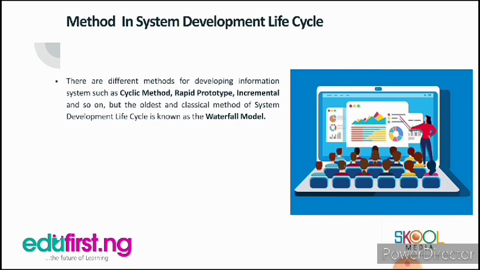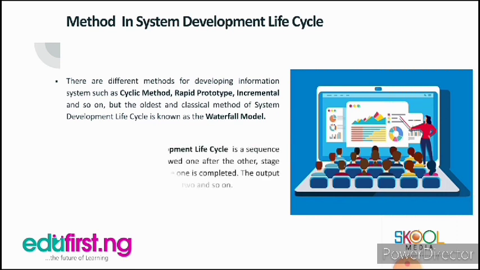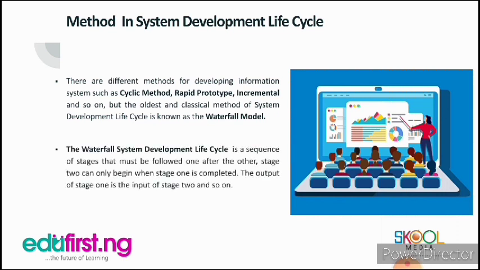However, the oldest and classical method of system development life cycle is known as waterfall model. And the waterfall system development life cycle is a sequence of stages that must be followed one after the other. That is, stage 2 can only begin when stage 1 is completed, and the output of stage 1 is the input of stage 2, and so on.